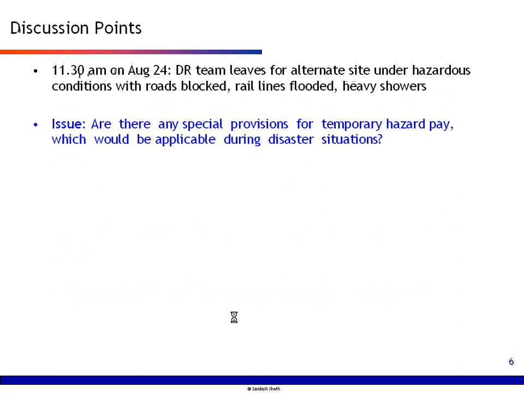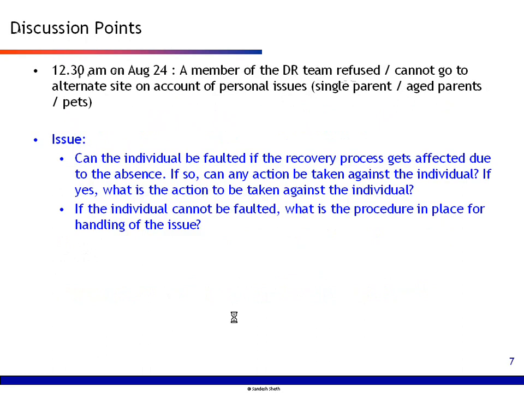It's 12:30 a.m. and a member of the DR team who was supposed to be at the warm site calls in and refuses to move, citing reasons. It could be that he is a single parent, or he has dependent aged parents, or he has pets to look after.